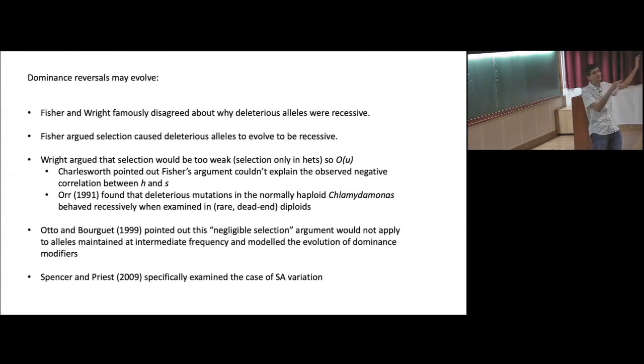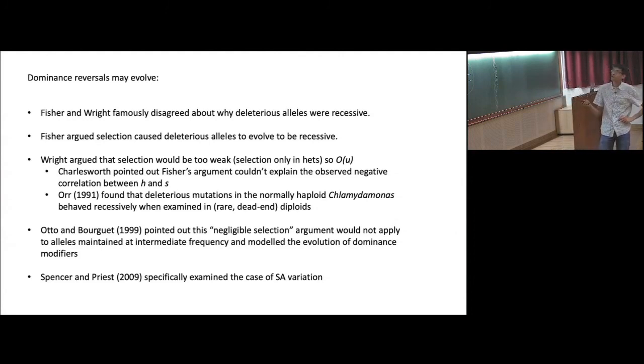There's not really any selection on the diploid stage as I understand it. But you can still measure what the effect of mutations are in diploids. And so he surveyed the literature and found that even though there should really be no evolution for effects in diploids, you still find mutations tend to be recessive in this haploid organism.